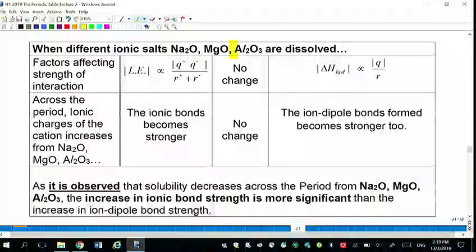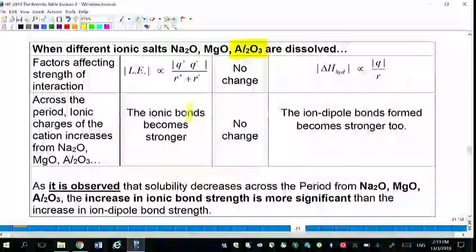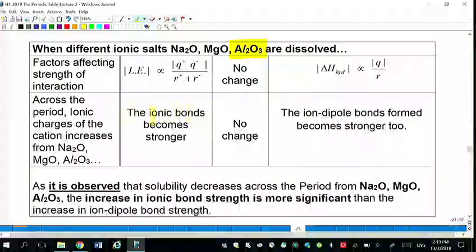When I have Al2O3, your Al has a charge of +3. When the charge becomes larger, the magnitude of the lattice energy is larger, meaning the ionic bonds formed become stronger. So the energy needed to break these stronger ionic bonds is more, because I need more energy to break this ionic bond.